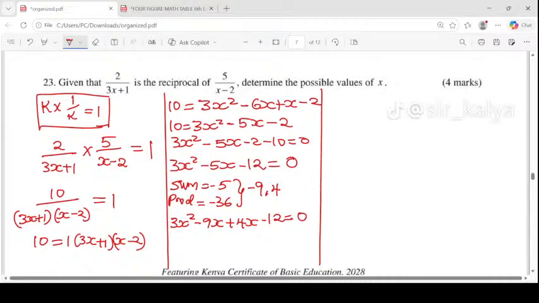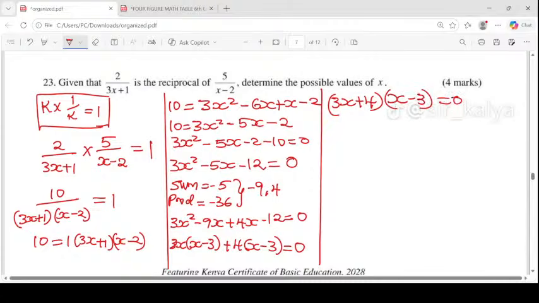I can have this as 3x into x minus 3, then plus 4 into x minus 3 is equal to 0. Then I'll have 3x plus 4, then x minus 3 is equivalent to 0.